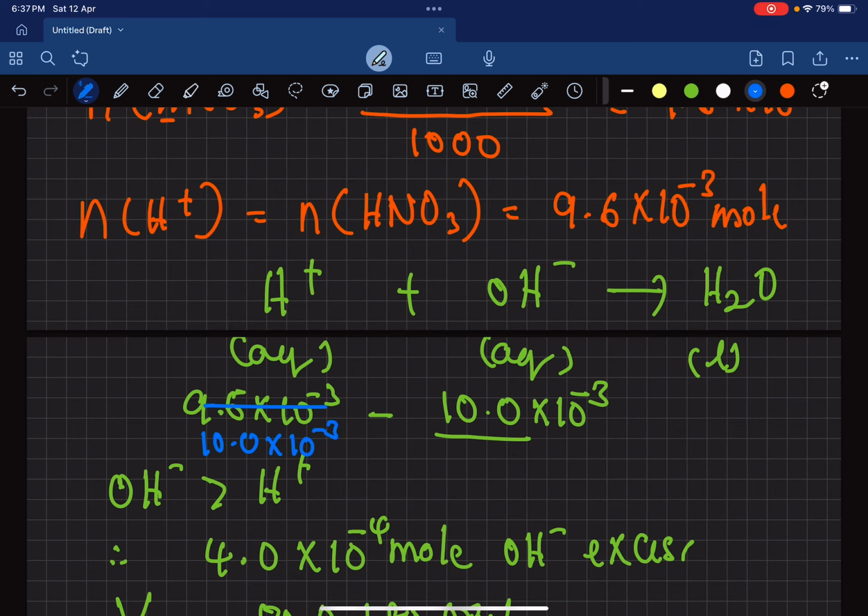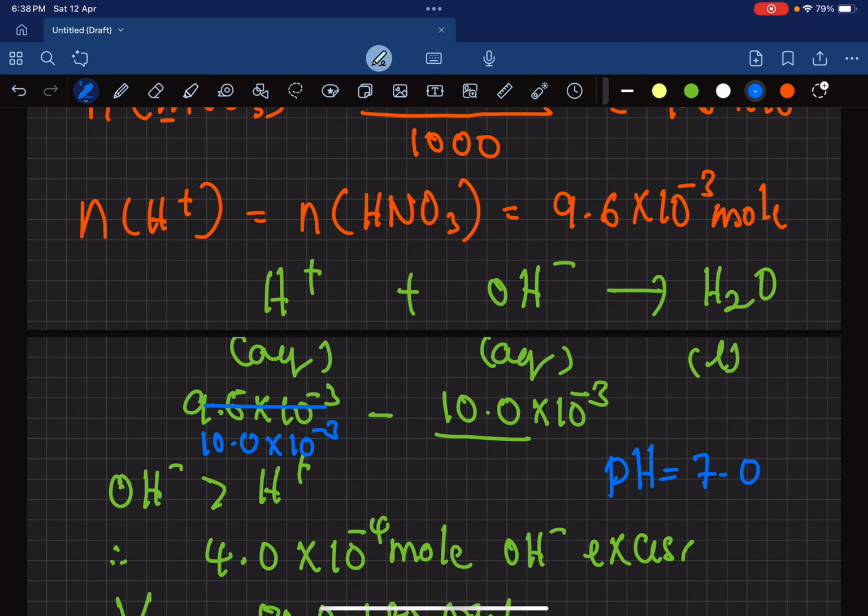If you end up with the number of moles of hydrogen and hydroxide being exactly the same, then there is total annihilation, completely neutralized, so the pH automatically becomes 7.